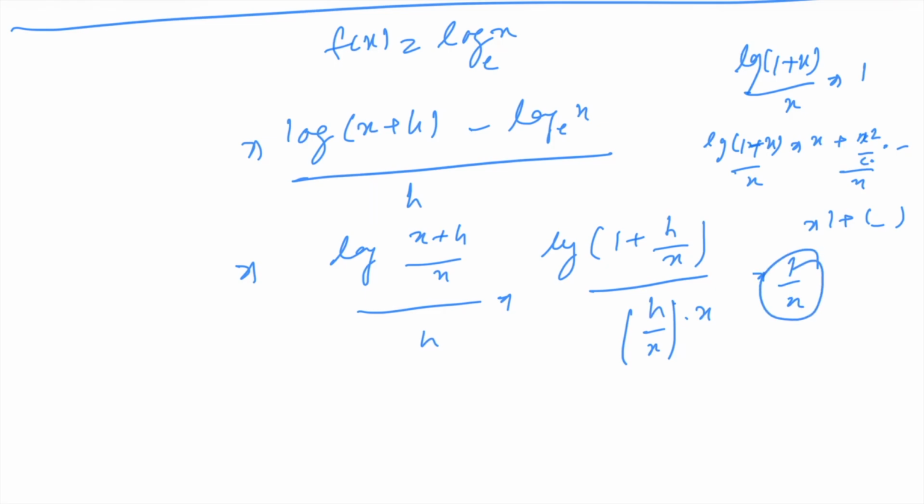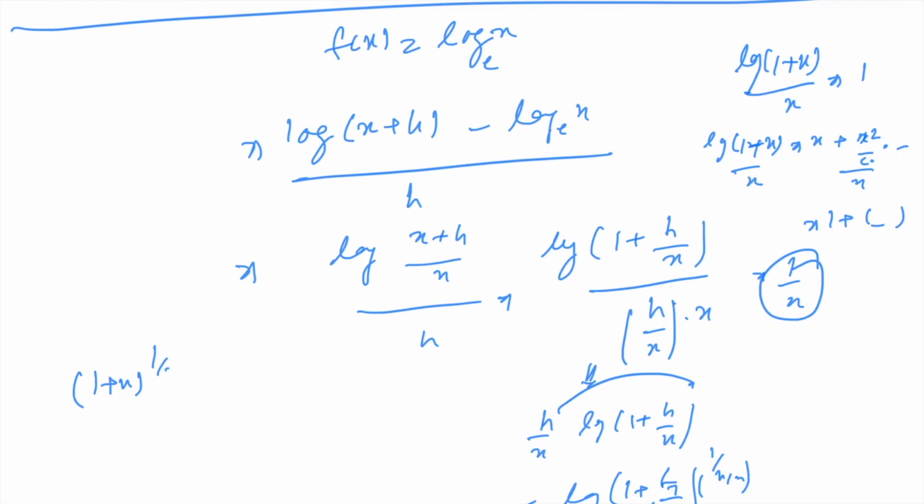Another principle we can use is that we can rewrite this the following way: (1/x) log(1 + h/x) to the power x/h. So this comes as log (1 + h/x) to the power 1 by (h/x). So this again becomes the definition of (1 + x) to the power 1 by x, if x tends to 0, right? It becomes the definition of e, and from the property we can take the limit inside the log function and take log outside, because it's a property of log.